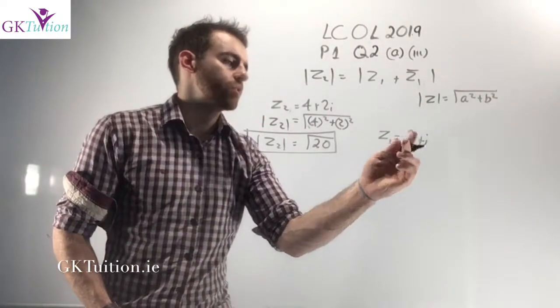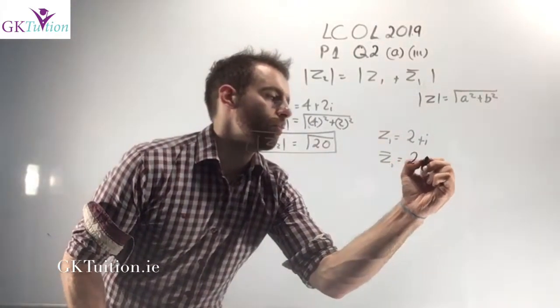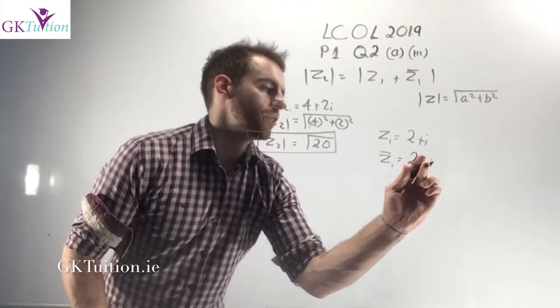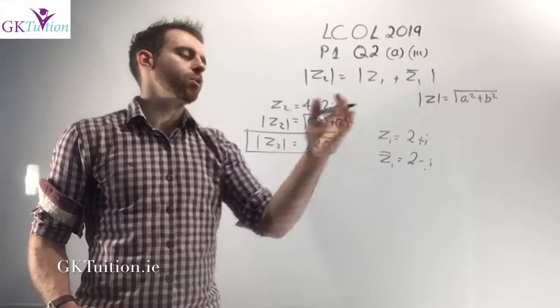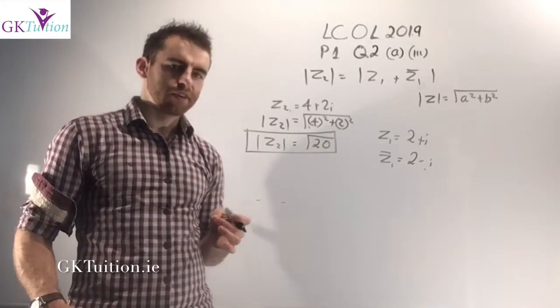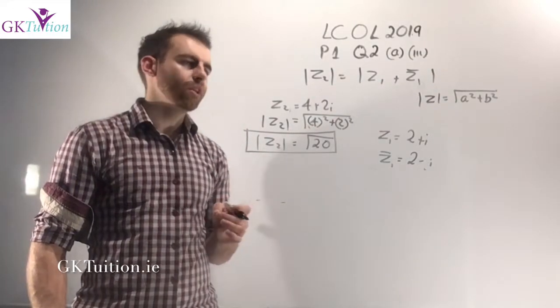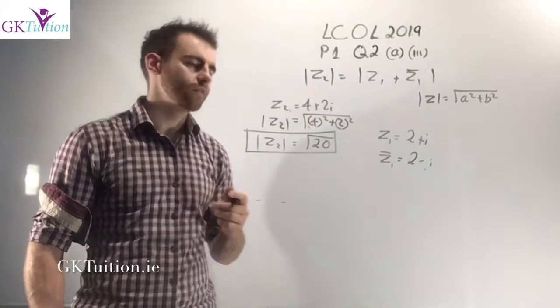So if Z1 is 2 plus 1i, then the conjugate of Z1 is 2 minus 1i. Instead of a plus, I'm taking it as a minus. So to simplify the right hand side, the first thing we need to do is add Z1 and the conjugate of Z1.